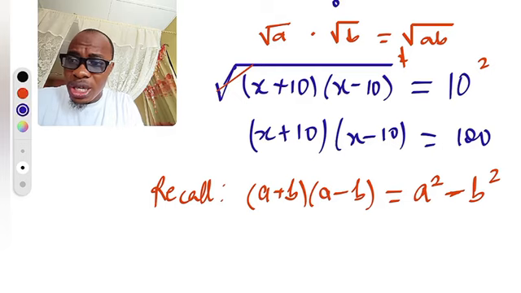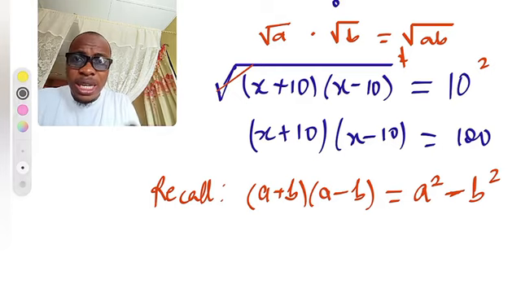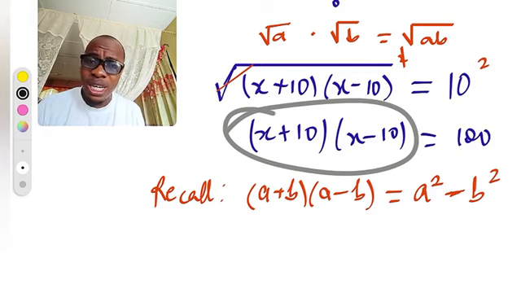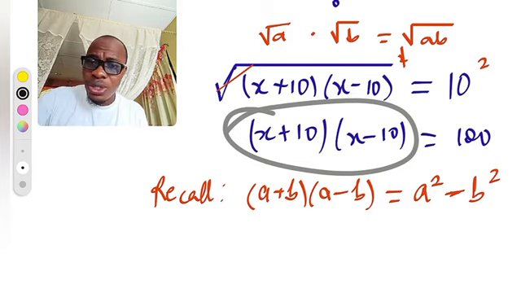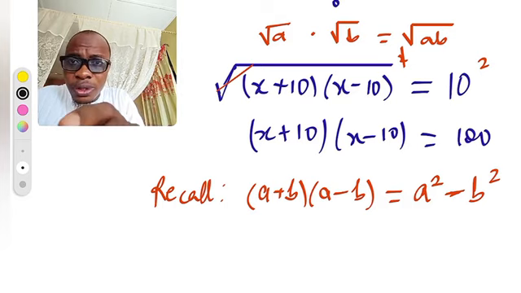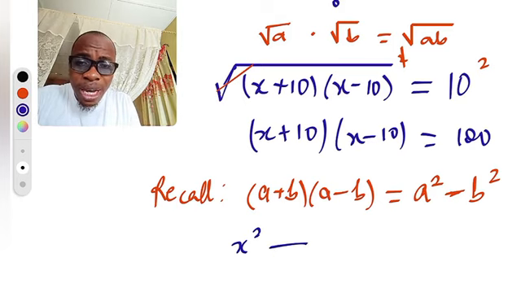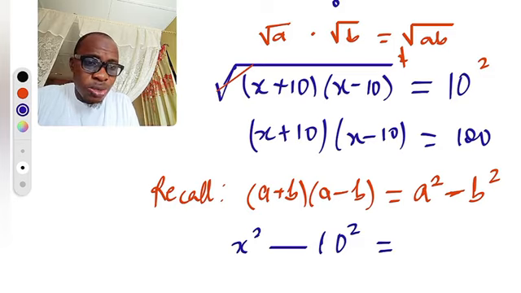So this here can also be expressed as a difference of two squares. So we're going to have x squared minus 10 squared, which equals 100.